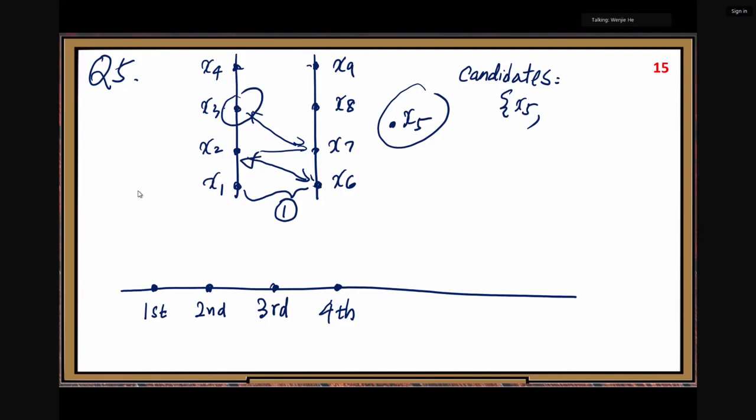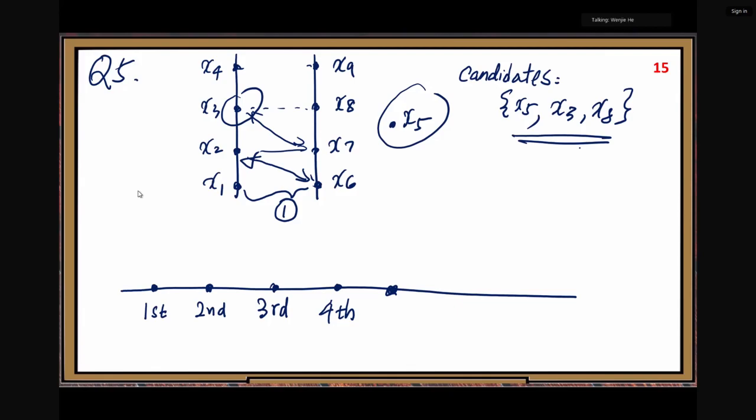If we keep our merge operation, for the fifth one we should compare these two. So these two should also be candidates: x3, x8. Candidates.